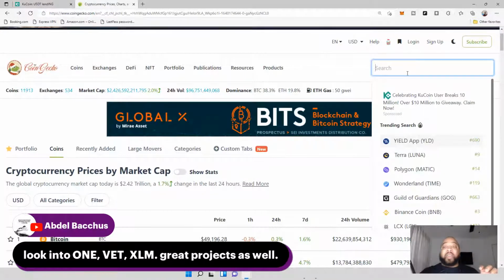Stellar Lumens is fast too, by the way. Stellar Lumens is how I send cryptocurrency to my Coinbase account to then put into my checking account. It's one of the easiest ways to do it because it's fast and cheap.